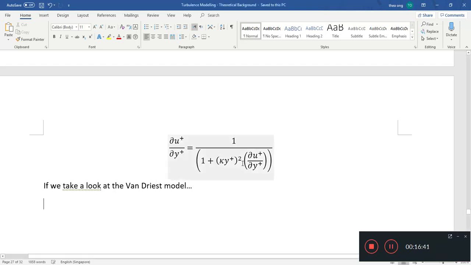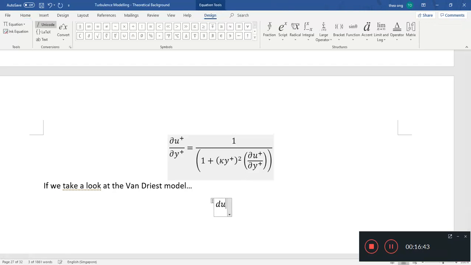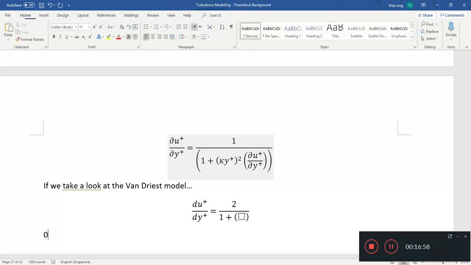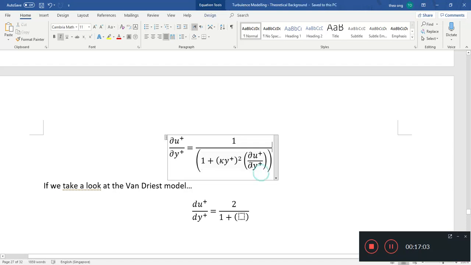We have du plus dy plus, and that is equal to 2 over 1 plus, and you have a square root over here. You can imagine why there's a square root, because you have to multiply all sides by this, and then you have a quadratic equation in du plus dy plus, because this times this will get a square, so you need to square root this.